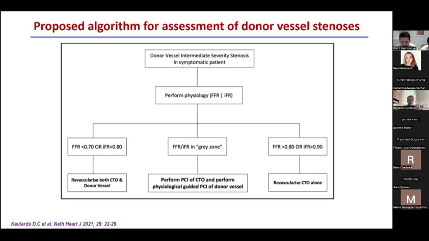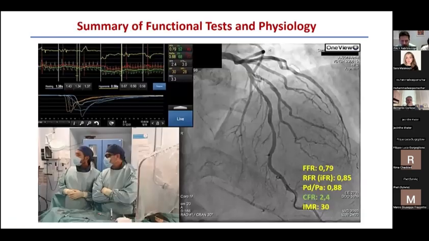If we are in the gray zone, like in my case, perform CTO first, and after 3 or 4 months, check with a new physiology-guided PCI of the donor vessel. If FFR is negative, more than 0.80, or iFR more than 0.90, revascularize only the CTO, because the stenosis of the donor vessel is not critical.